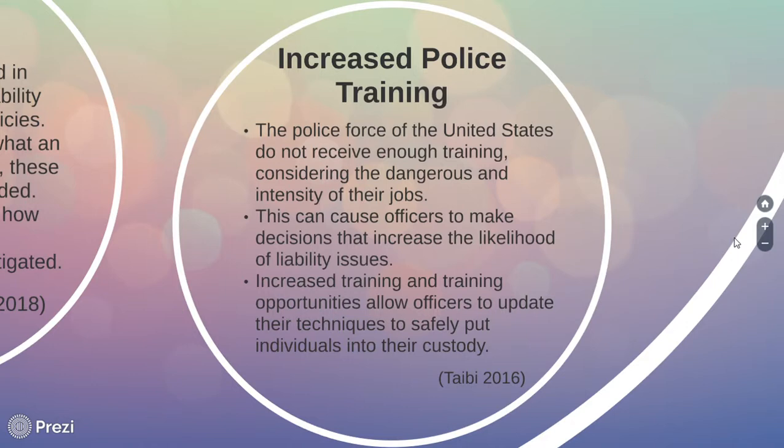Germany, for example, has a minimum of at least 130 weeks of training, which is also why they have fewer police shootings and deaths at the hands of police officers. This increased training allows officers to develop the techniques needed to safely keep individuals in their custody without being excessive in their use of force.